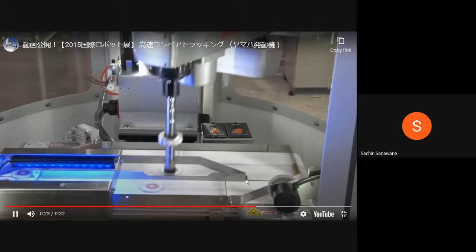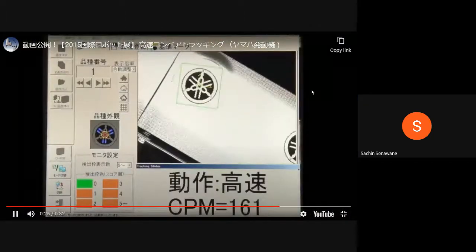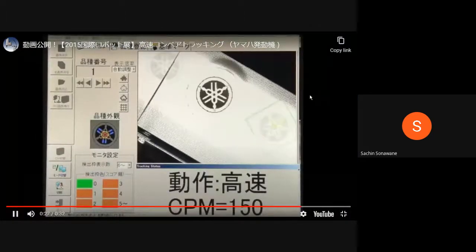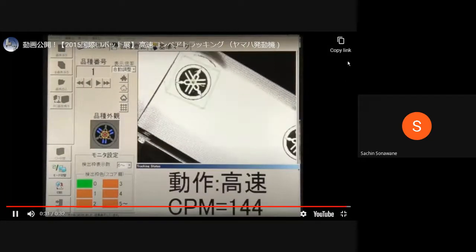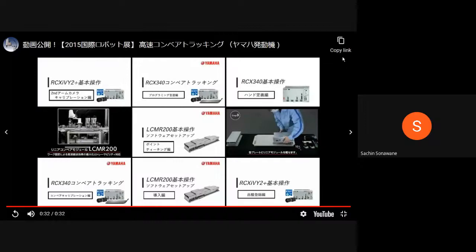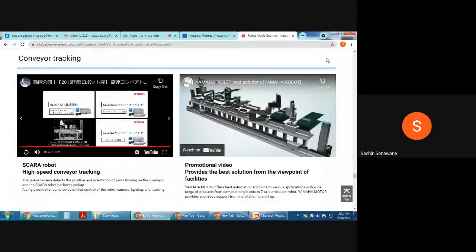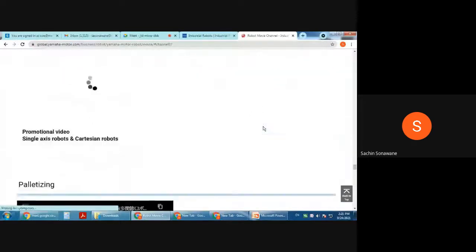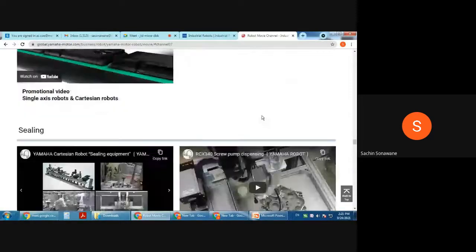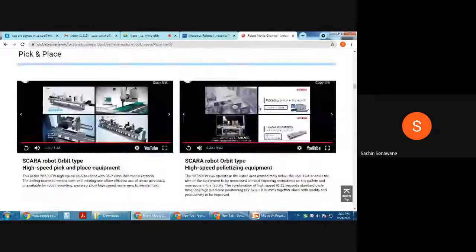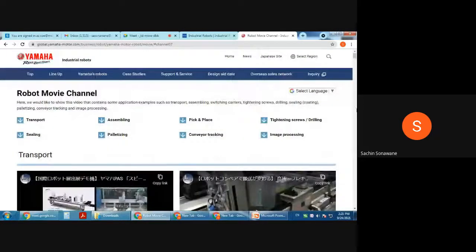This is the conveyor. I think all applications are over now.